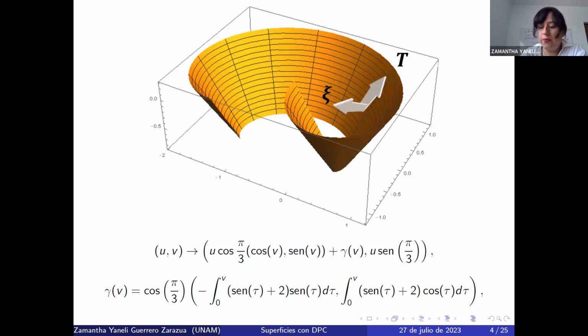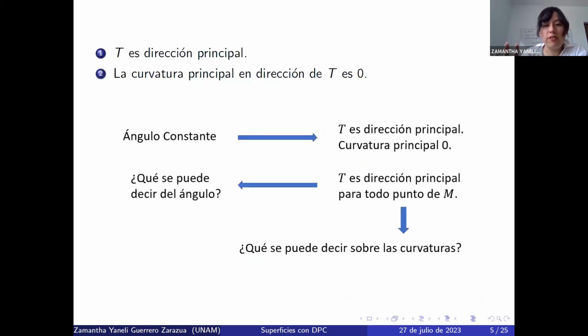All right. So we can instantly notice some things about these surfaces, and this is actually satisfied whether it's in R3 or in any space: T is a principal direction, and the principal curvature in that direction is 0. So we might start thinking, okay, we know that if the angle is constant, then T is the principal direction and the curvature is 0.